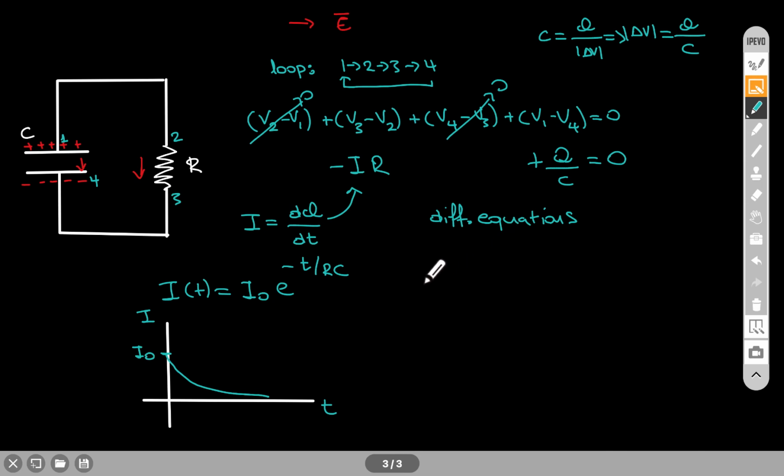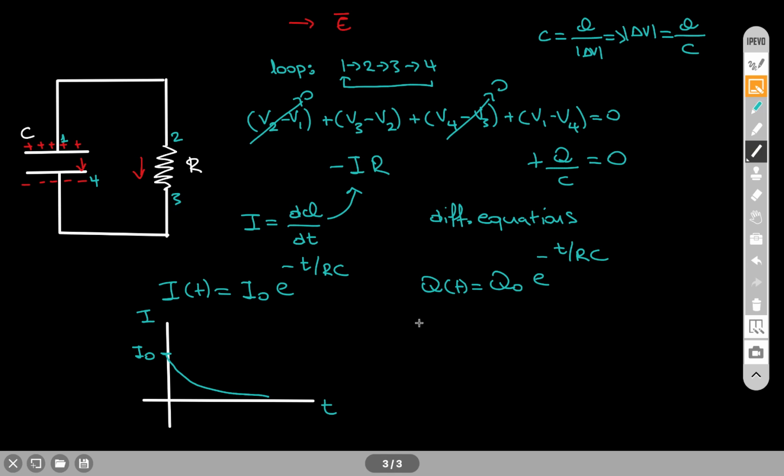And then the charge on the capacitor as a function of time will have a similar form. Remember, here in this circuit I am discharging the capacitor.